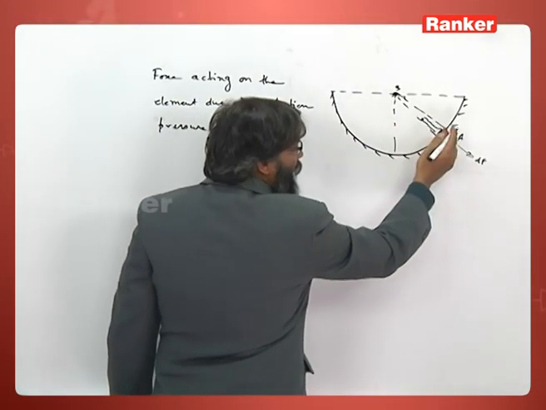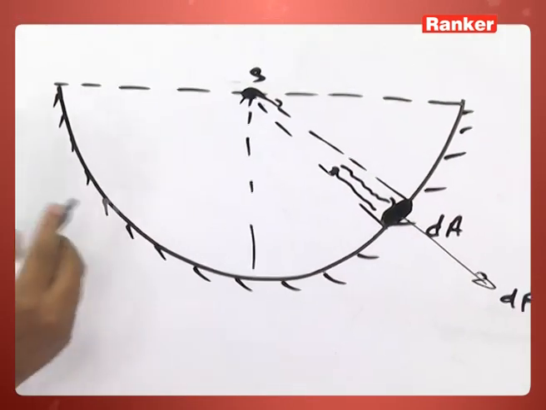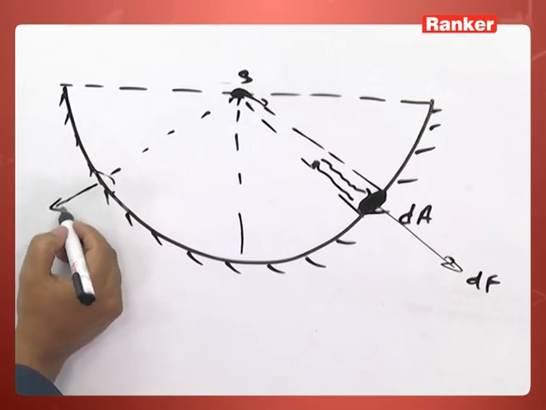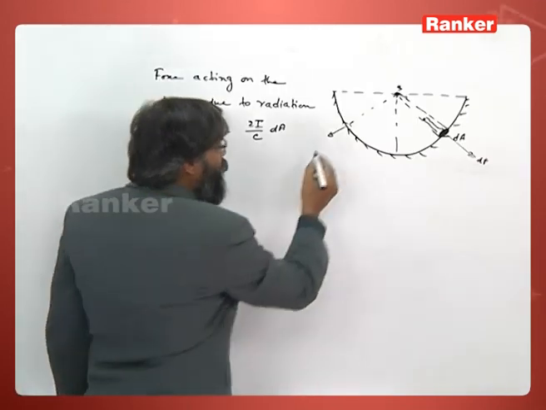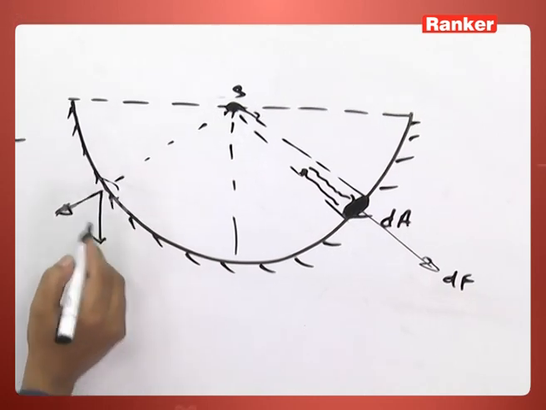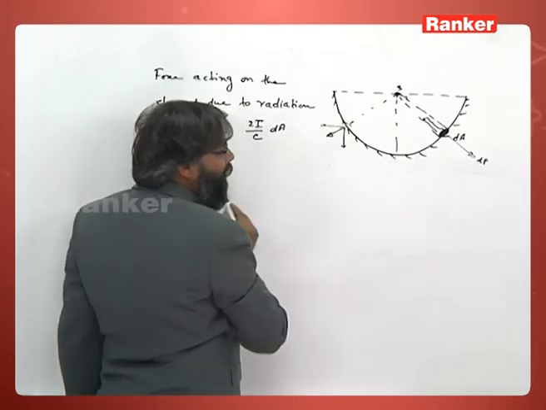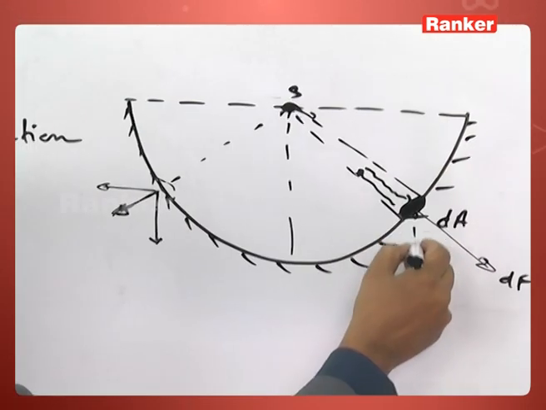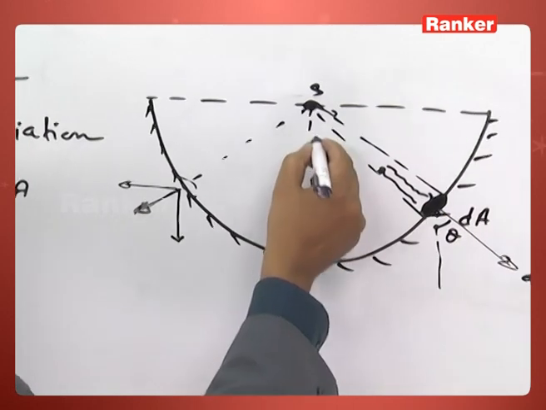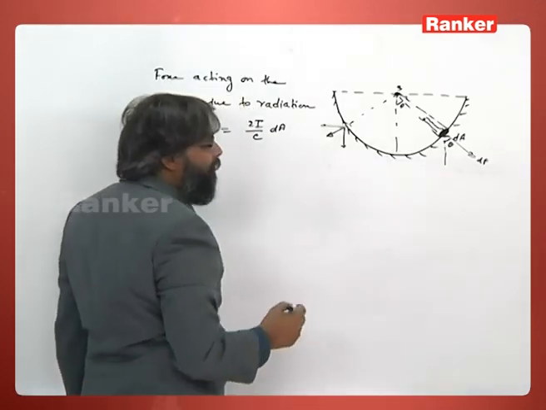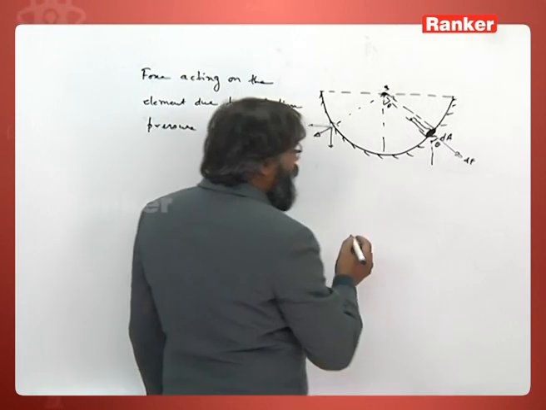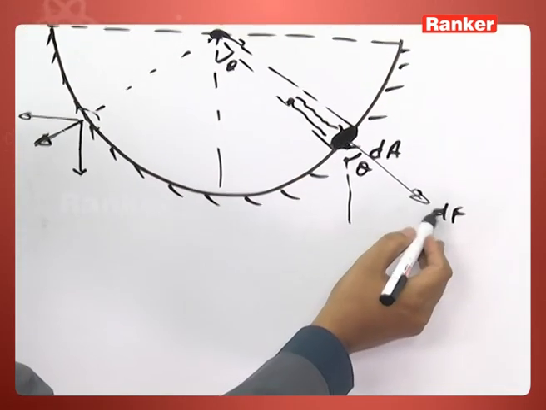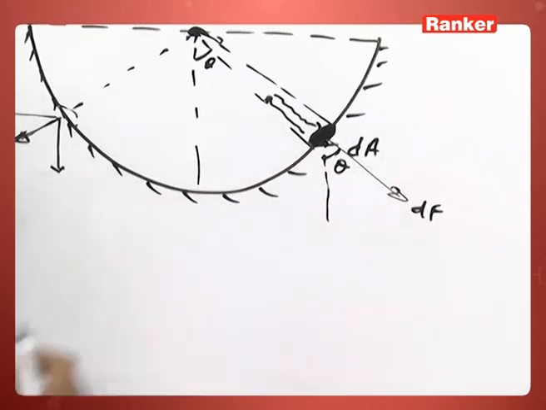Now every element here has a counter element here. So there will be a force along this direction also. Now this force has two components, one downward and one horizontal. So their horizontal components will cancel out, and so we will have only this component. Suppose I call this angle theta. Now you see here this dA, the normal to the dA, that is the force is along dF, and this is angle theta.